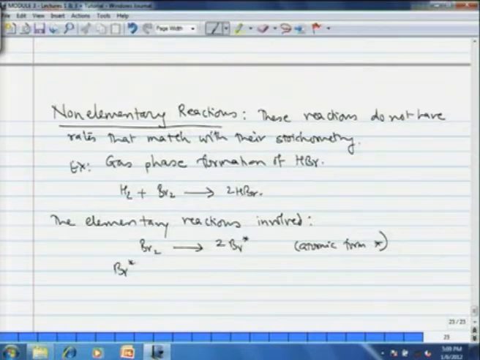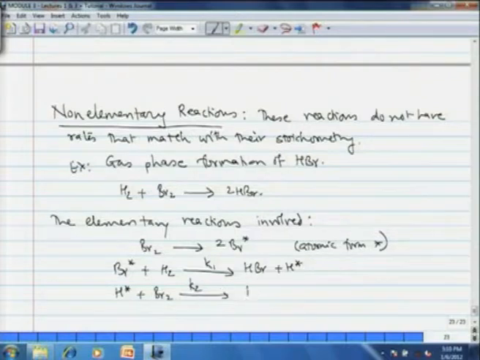Br star reacts with hydrogen, let us say with a constant denoted by K1, to give HBr plus H star. This H star plus bromine further gives again HBr plus Br star.